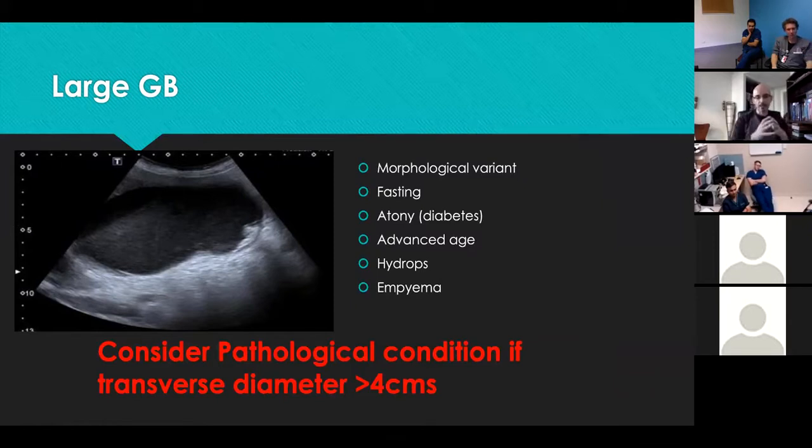Or elderly patients can have distended gallbladder and empyema. This is quite a common exam question, where they would say list the differential diagnosis for a large, as in dilated, gallbladder.